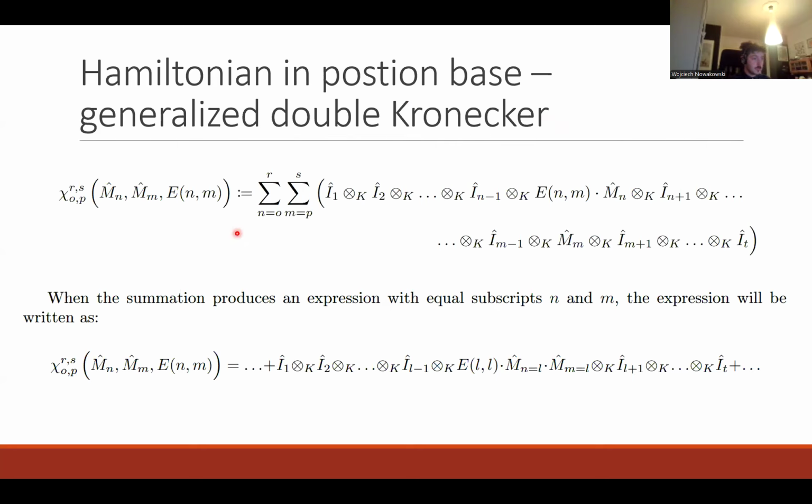So this double Kronecker sum works like this. So we have a sum over some index m and n from some values O, P to Rs.